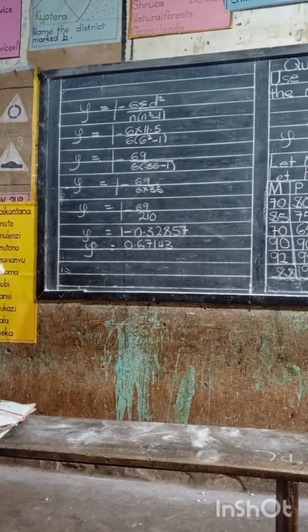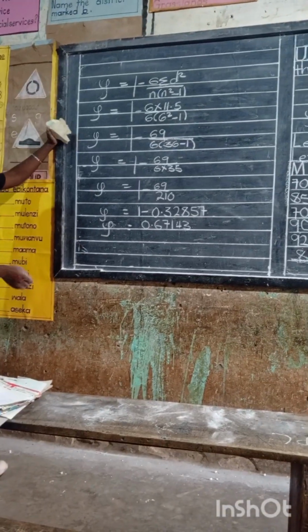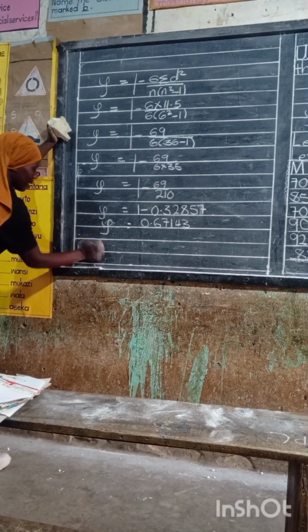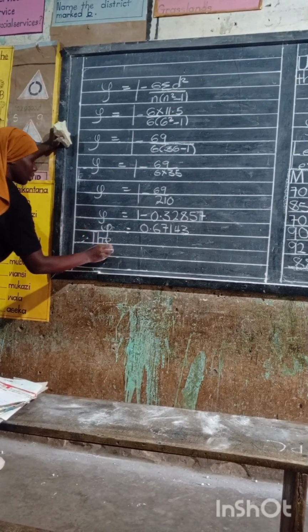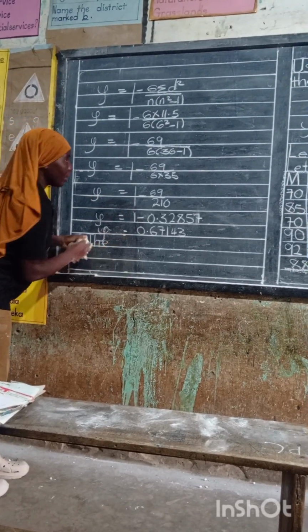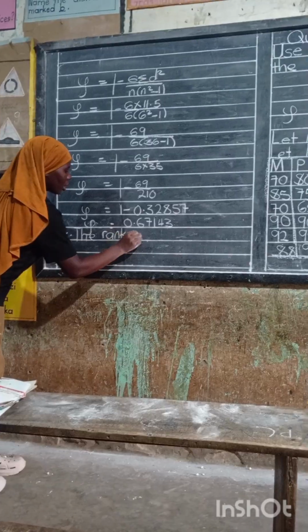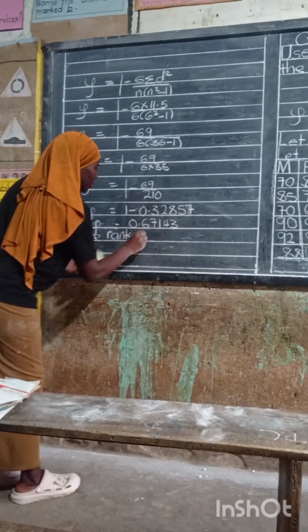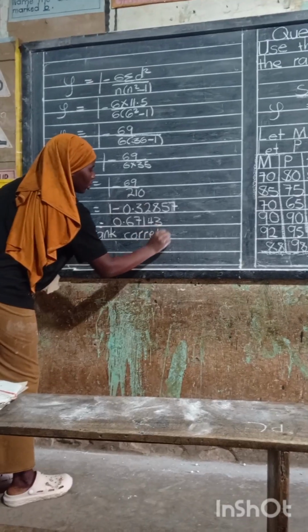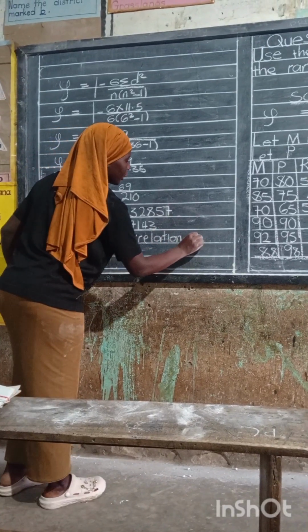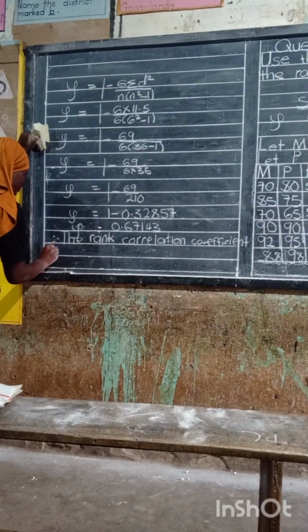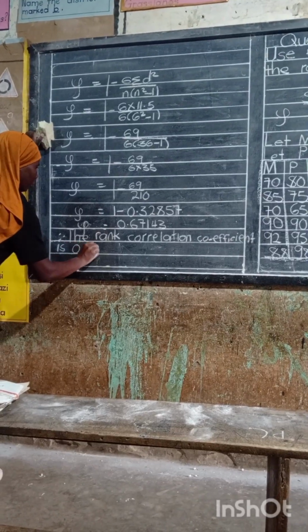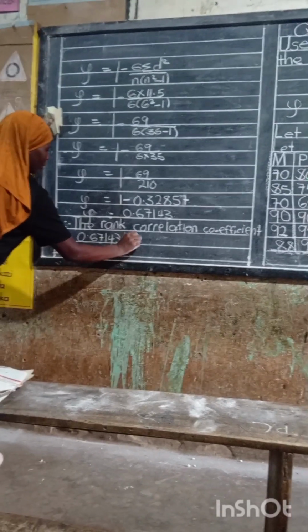Therefore, I can now conclude that the Spearman's correlation coefficient, the rank correlation coefficient, is 0.6714 for 4 dps. We can truncate to any number of dps.